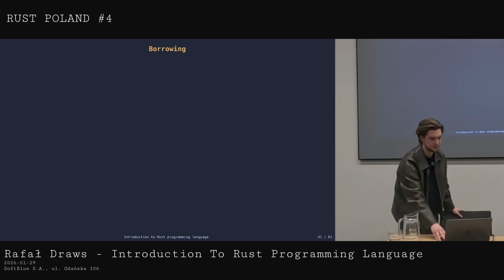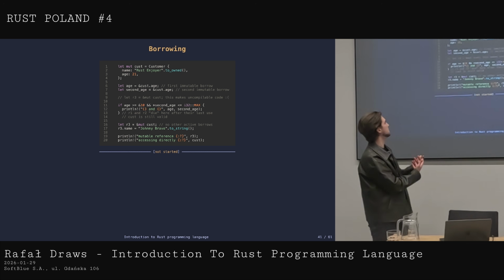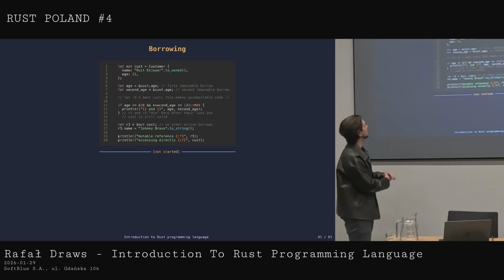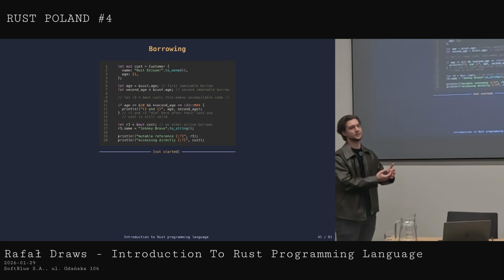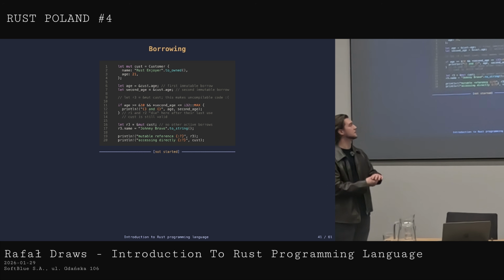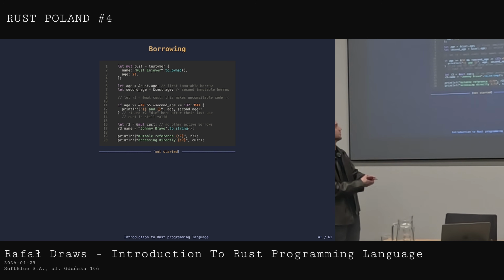So a few words on borrowing. Let's say we have a customer struct defined somewhere in code. We make that customer mutable because, as I said, variables in Rust, if they are to be mutated, must be created as mutable at first.